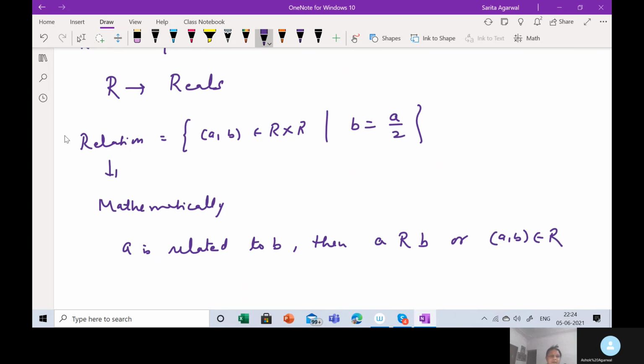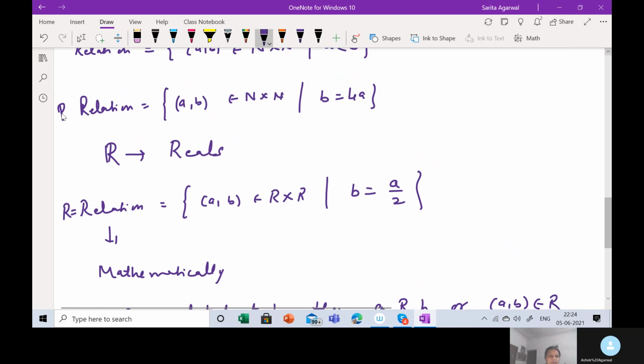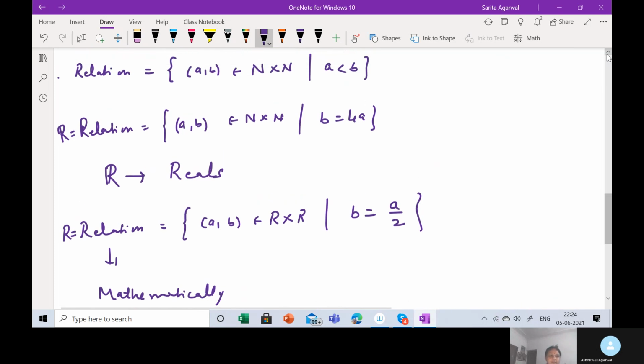So that means we can take this as one relation, this as another relation, and this as another relation. This is another relation. So these are the relations.